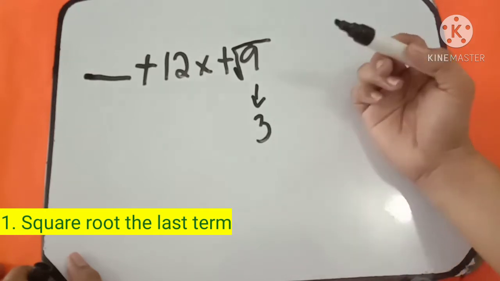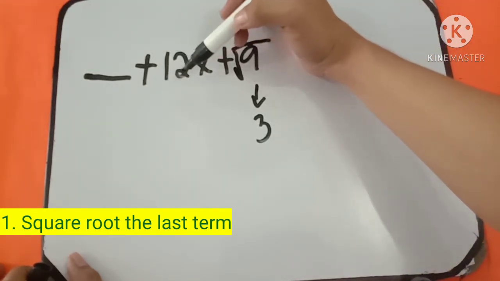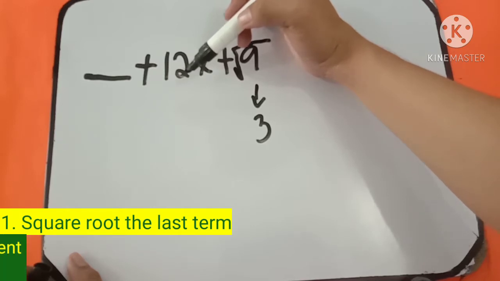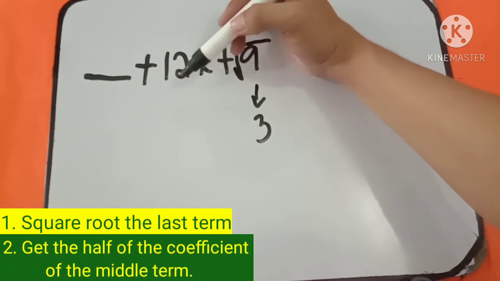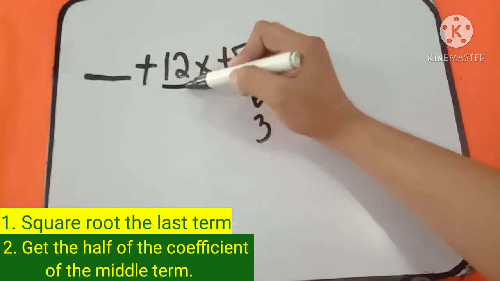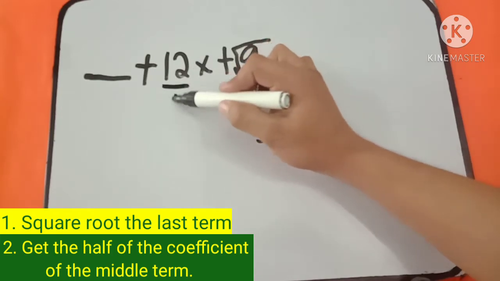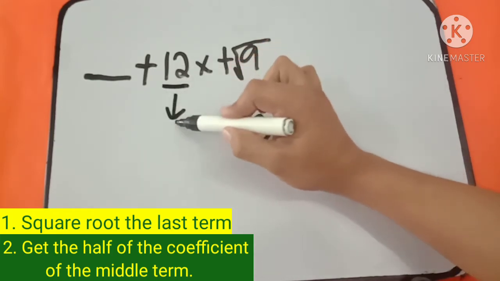Am I right? Then the middle term, this 12x, we simply get the half. Again, only get the half of the middle term. Only the coefficient, disregard the variable. So the half of 12 is 6.